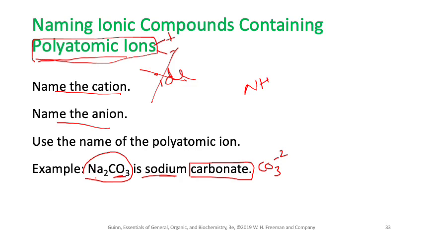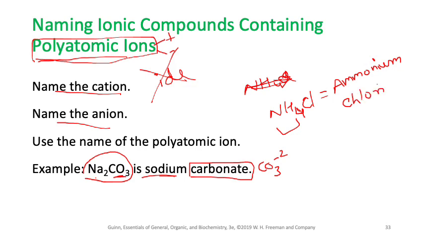For example, NH4Cl, let's do it one more time. NH4 we know is ammonium, and then Cl is chloride. Now the question is, why am I writing -ide for chlorine?